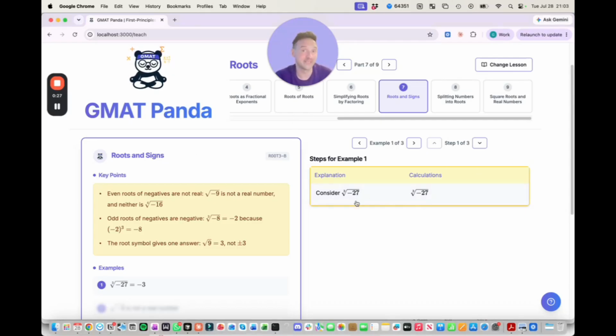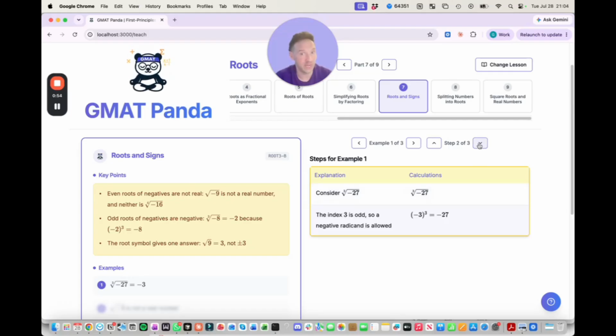So let's consider minus 27, and let's take the cubic root of minus 27. The cubic root is a number such that when you cube it, you get the original number. So is there a number such that when you cube it, you get minus 27? Well, minus 3 actually works.